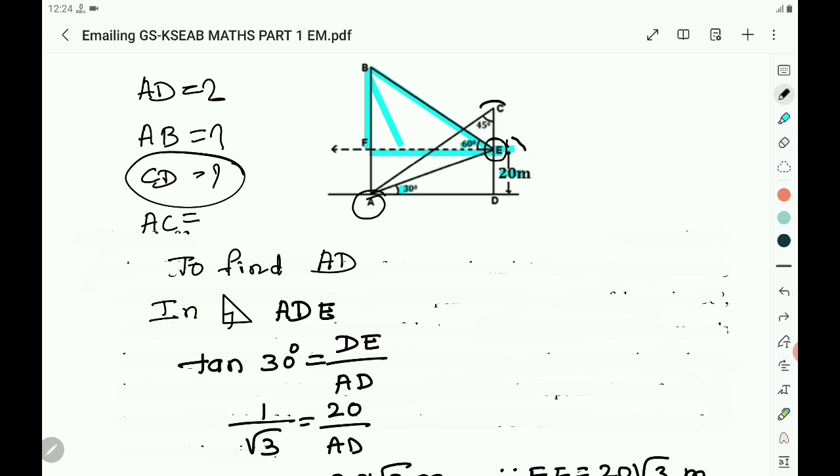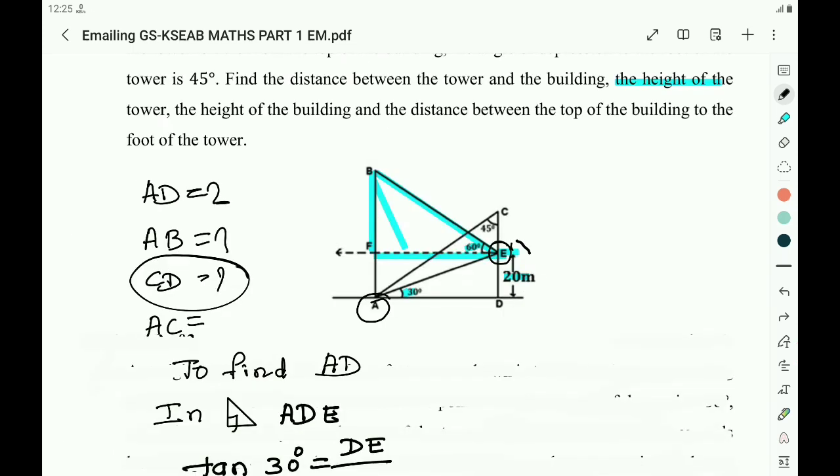Here angle C is given. Angle C is 45 degree. Therefore, the angle of depression of the foot of the tower from the top of the building can be shown as it is. This is 45 degree. As this is 45 degree, this is also 45 degree.